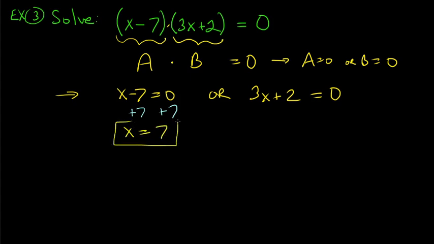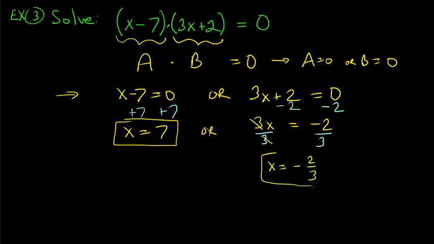So there's one solution, but there's another one. And the other one comes from solving 3x plus 2 equals 0. So let's start by subtracting 2 from both sides, and then dividing both sides by 3. Right. And then cancel the 3's. So x is equal to negative 2/3. And that's the other solution, right?